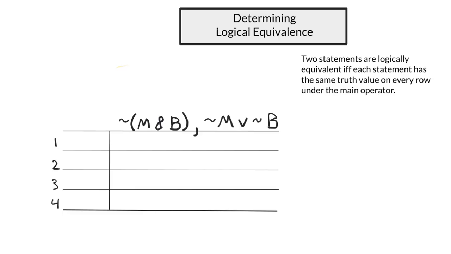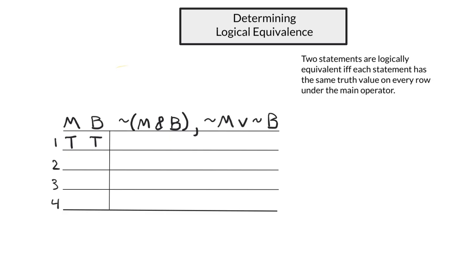Our atomic sentences are M, whatever that stands for, and B. So we'll construct the left side by adding all the combinations of truth values for those atomic sentences. As usual, we'll start with row one, the first statement true, the second statement true.